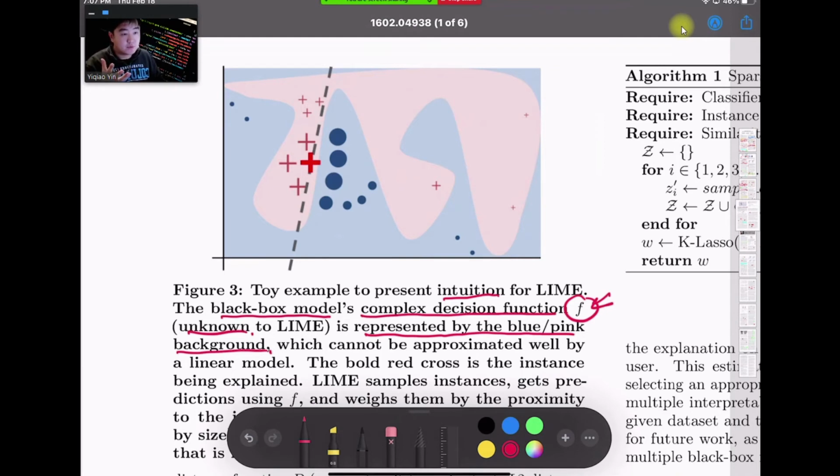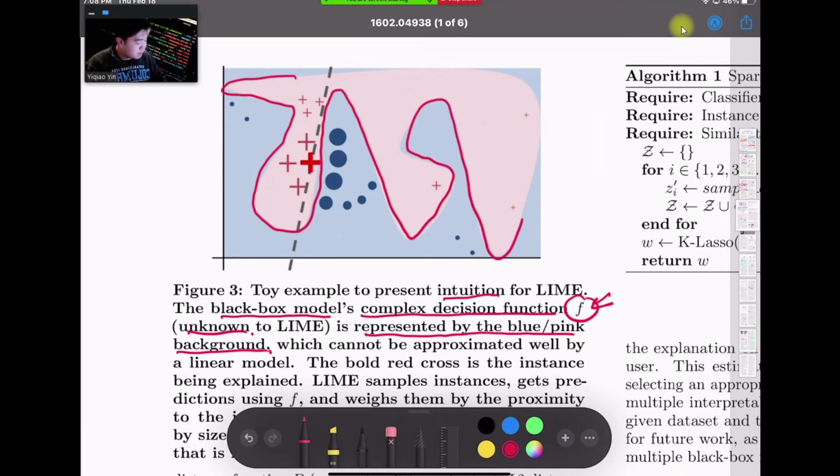We don't have access to the internal structure of this f. However it's making its rules, it doesn't matter. We're just going to draw this area as the decision-making boundary. If it's within this area, it's one class. If it's outside of this area, it's another class. It's a set of rules. We don't know how the rules are made. That's it. That's what we're working with.